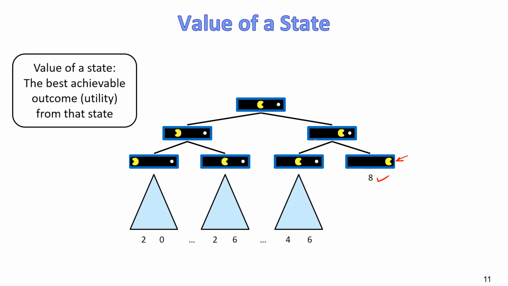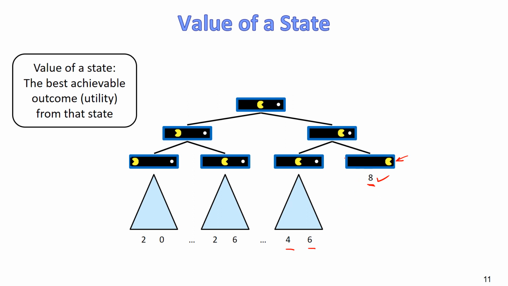Now, if we think about the value of that state, if we are in that state and we are controlling Pac-Man, what should we do? Knowing that here we will reach 8, and here we will reach 6, and here we will reach 4. That's all the possible gains or values that we can reach. Of course, Pac-Man, since we are assuming that he is an optimal agent, will try to maximize its gain.